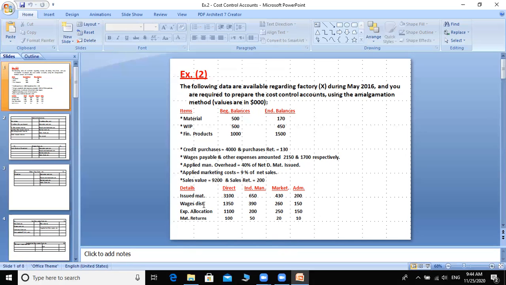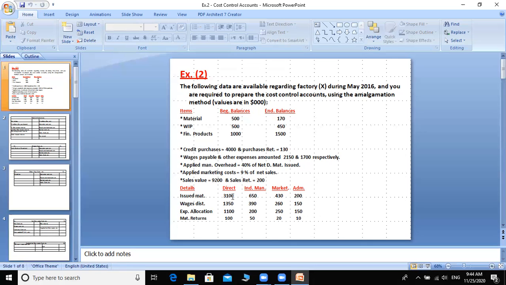I distributed wages as direct wages, indirect manufacturing wages, indirect marketing wages, indirect administrative wages. Expenses, other expenses rather than material and wages: direct for work in process, indirect for manufacturing, indirect for marketing, indirect for administrative.